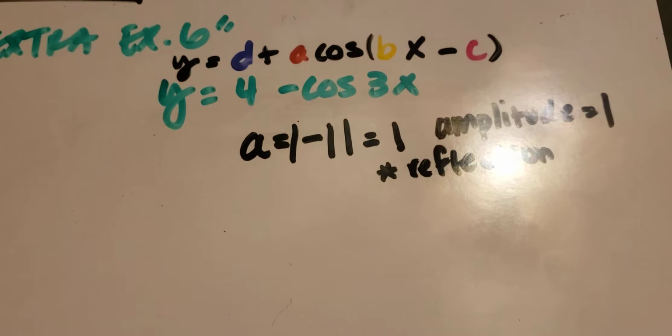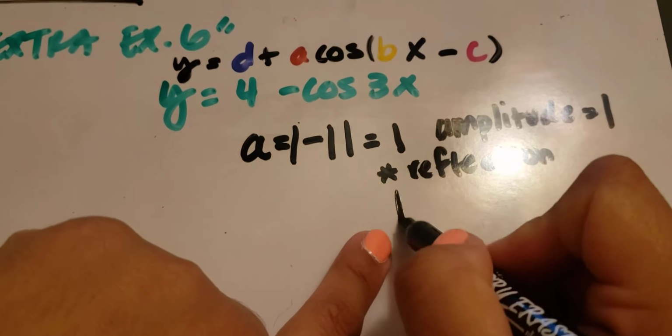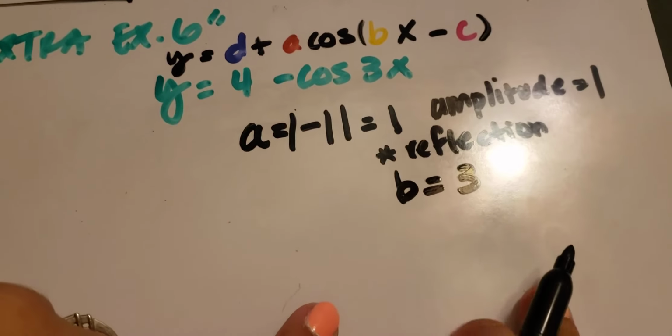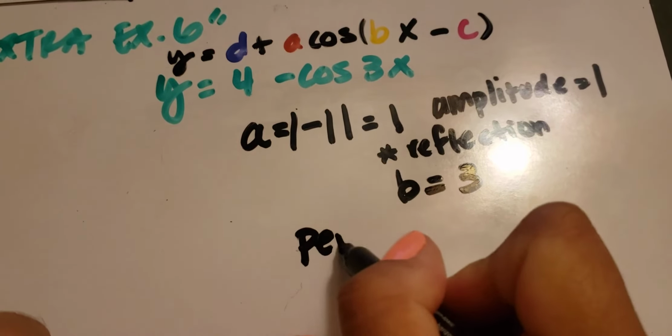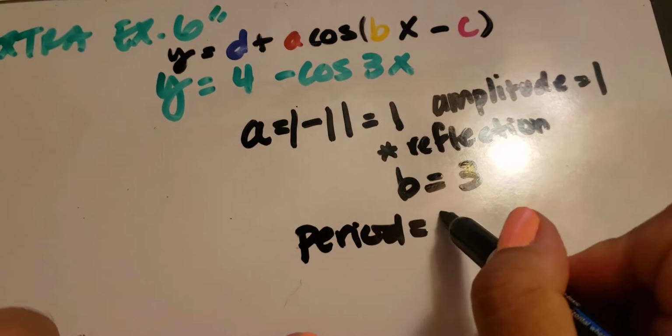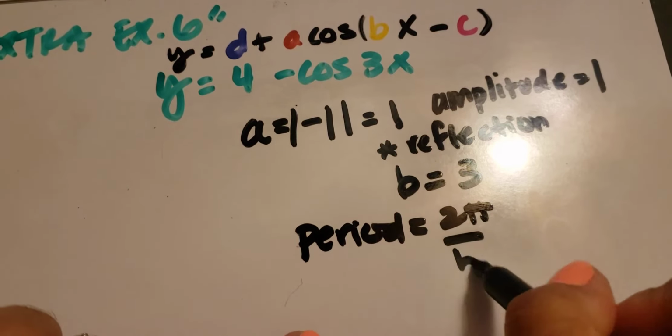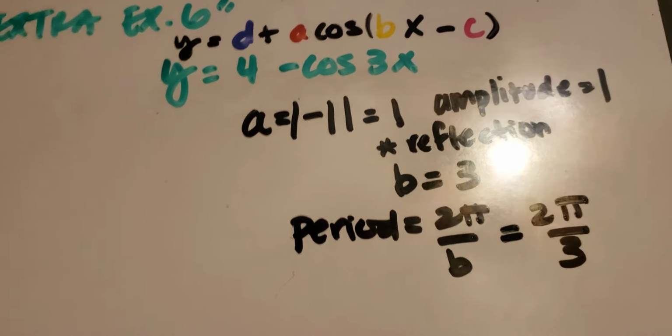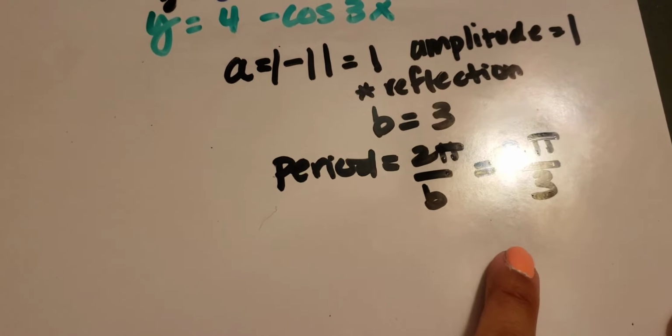And then B is 3, and that's going to help us find our period. Don't forget that the way you find your period is 2 pi over B, which is 2 pi over 3.